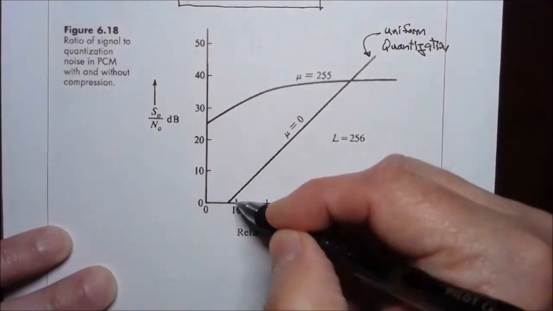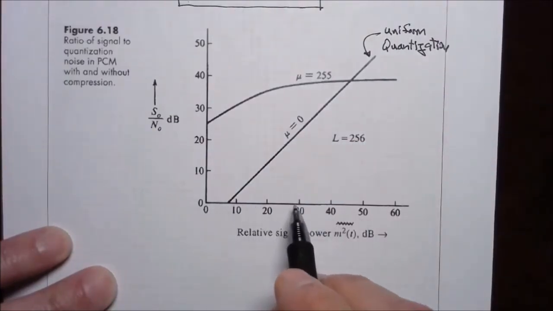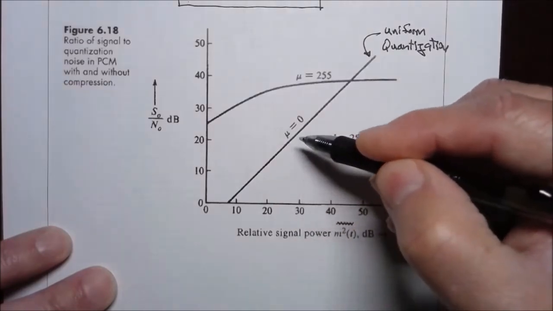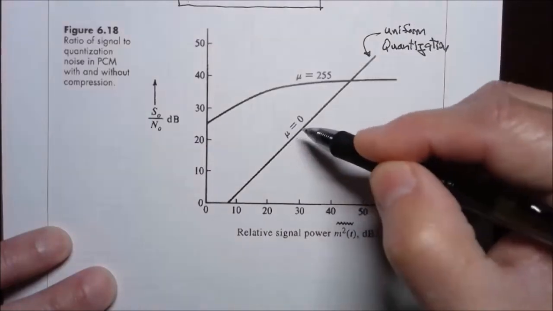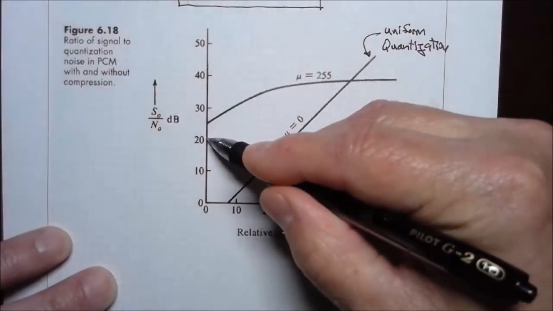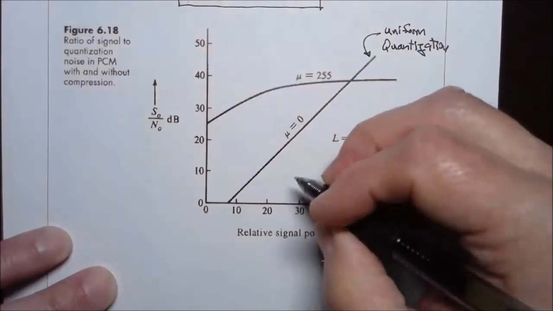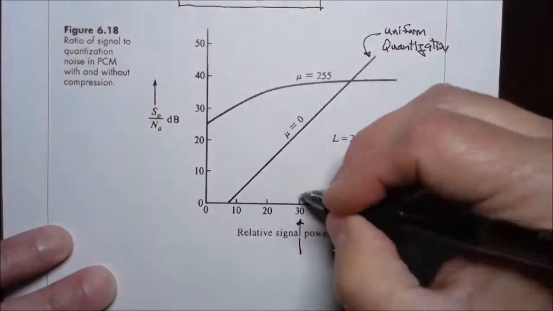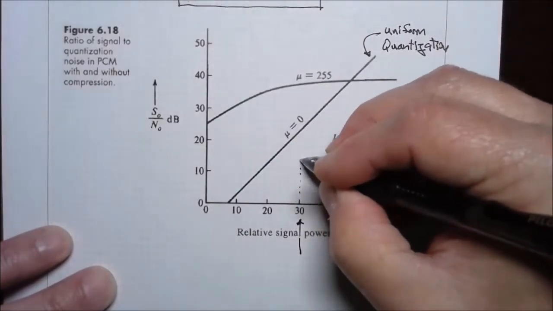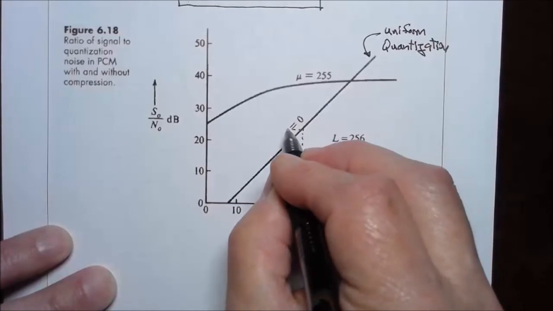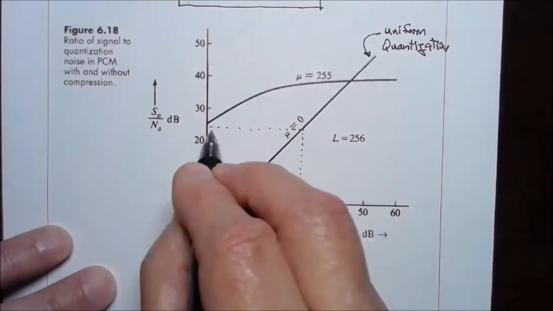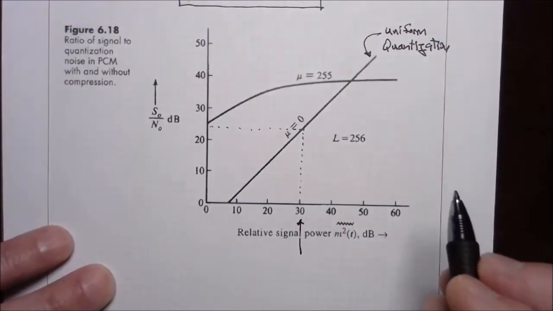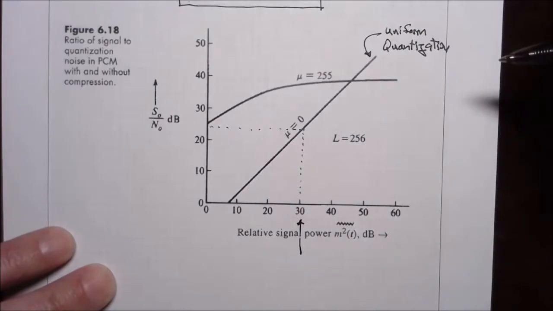So you can see for a particular value of message signal power, with uniform quantization we get a certain signal to noise ratio. Let me pick just for an example this value for the message signal power, 30 decibels, and with uniform quantization that would result in a signal to noise ratio of, let's call it, 25 decibels, just to give it a number.